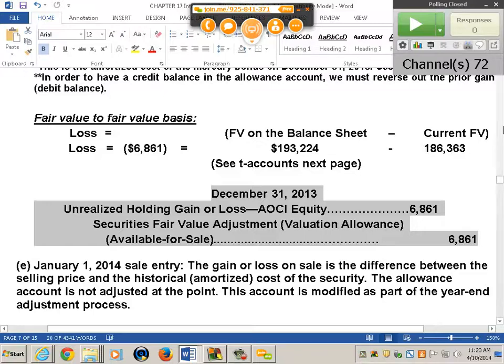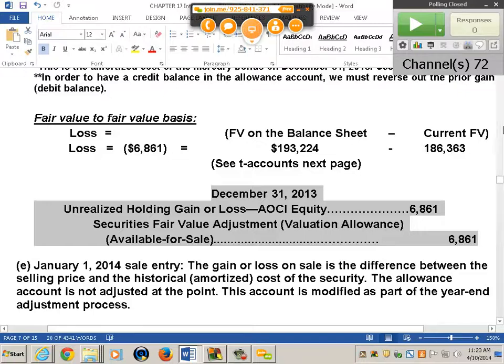And again, this is the key, and I want to make sure we stop and take any questions you have. You have to be sure that you realize that you are adjusting the allowance account. I'll show you another way to get this in a second, but to me this is the easiest way to do it. You take a look at what you need. You have to have a credit balance of 3486.